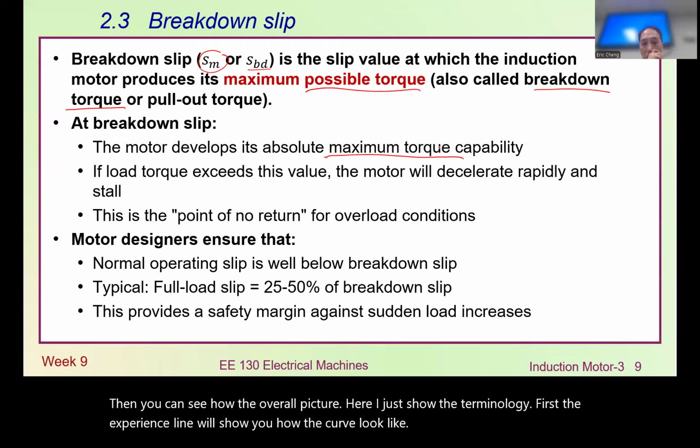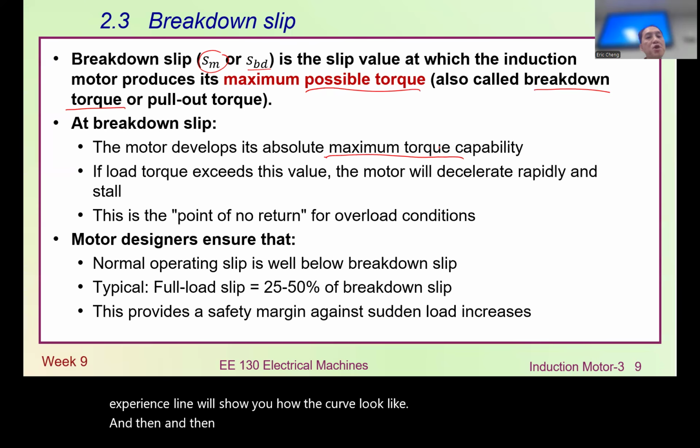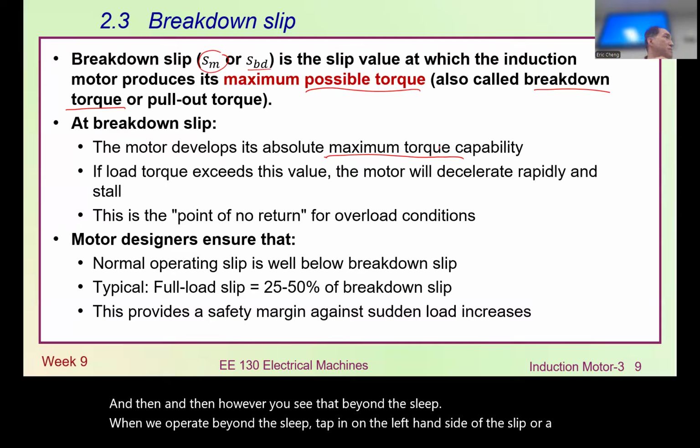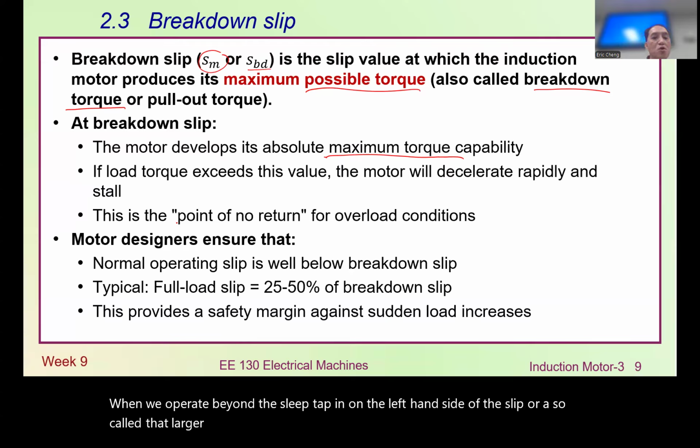However, beyond the breakdown slip, when we operate on the left-hand side of it, at the so-called larger slip, we have the so-called no return.